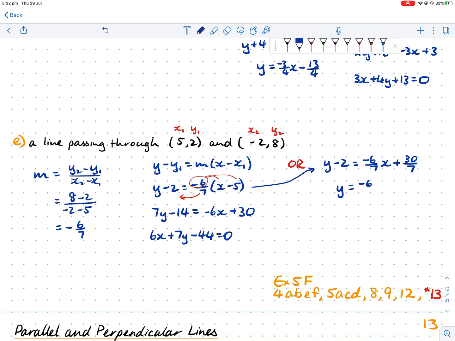So if I add 2, I've got minus 6 over 7x, and 30 over 7 plus 2 becomes plus 44 over 7. So again, either of those solutions are fine. The back of the book will only give you one of them, but as long as you've written one of those two, then your answer is correct.